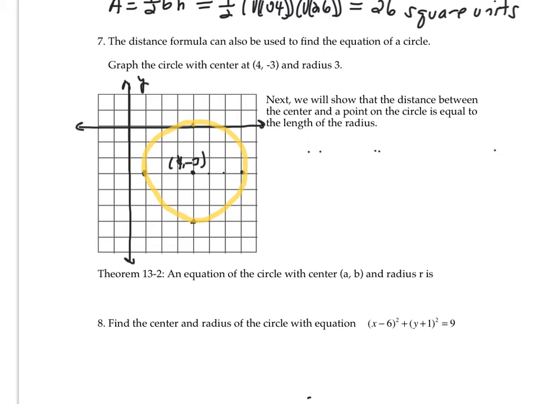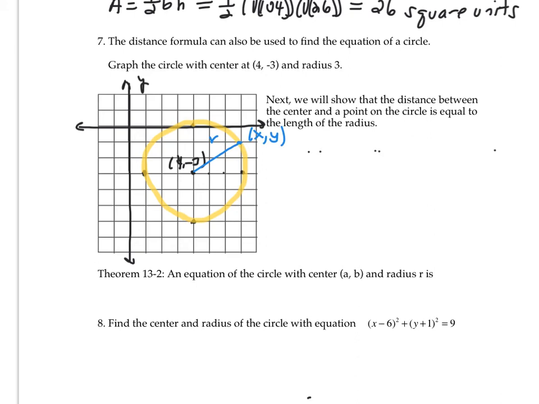All right, if we choose any point on the circle, then we can find the equation of the circle by taking a look at the distance between the center and some point called x, y on the circle. Remember that that distance from the center to a point on the circle is called the radius. So think about our distance formula.